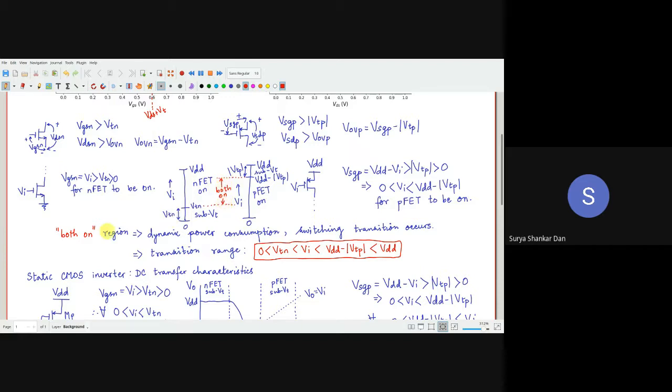So all the transitions like both on जो region है, that means this is the region for dynamic power consumption. Okay, this is very important. We will see later on when we are deep into power consumption analysis that कि आपका जितना power consumption अगर कम करना है ना, okay, then there are two aspects, dynamic power, static power. This is the dynamic power region.